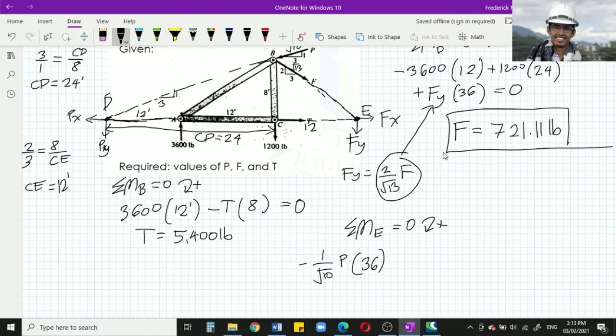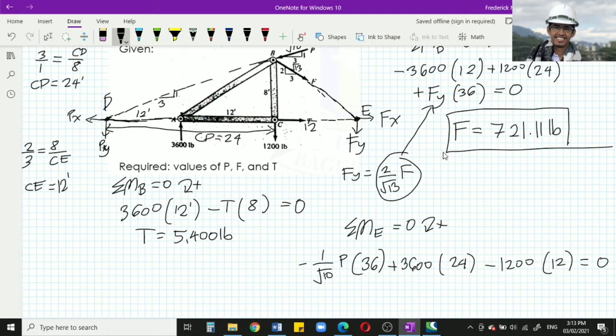And ano pa yung mga forces na pwede nating i-moment? Is yung 3,600 and yung 1,200. So 3,600, that will be clockwise. So plus 3,600 times 12 plus 12, 24. Minus, so counterclockwise yung ating 1,200 going to E. So minus 1,200 times 12 is equal to 0.